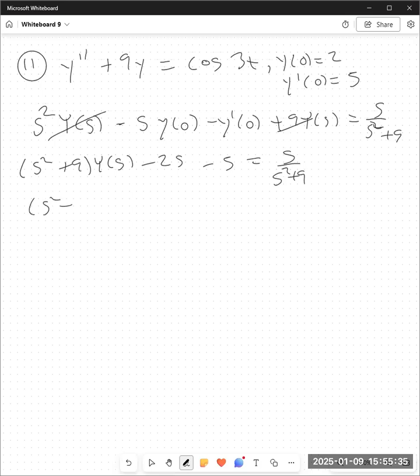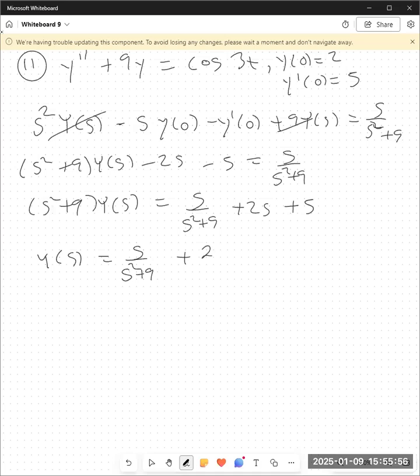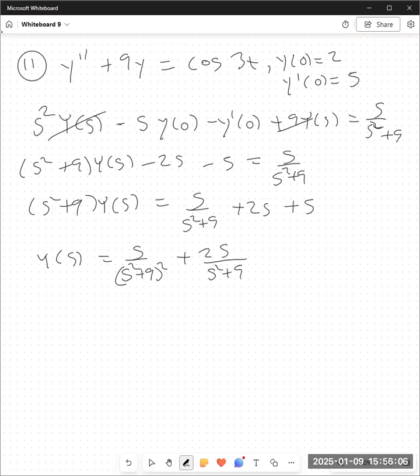So s squared plus 9 capital Y of s is equal to s over s squared plus 9 plus 2s plus 5. Capital Y of s is equal to s over s squared plus 9 squared plus 2s over s squared plus 9 plus 5 over s squared plus 9.